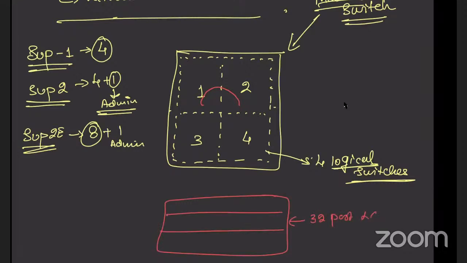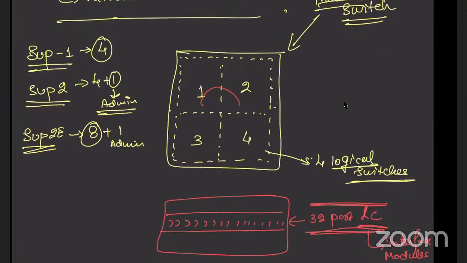I hope everyone knows what a line card is. If you don't know, I'm going to discuss it. A line card is an interface module where you have ports to plug in your devices. So for example, it has 32 ports.